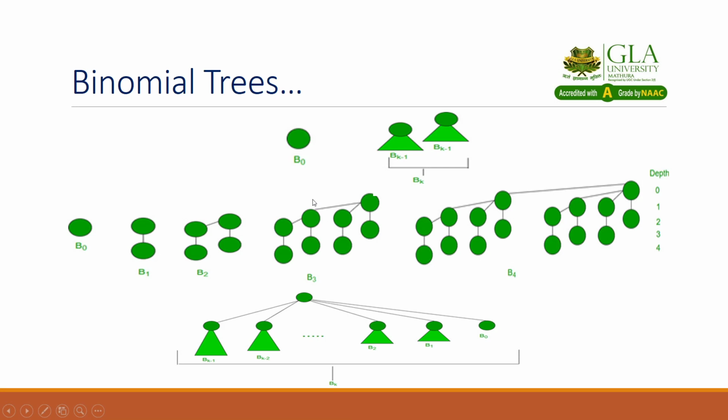B4 will be constructed with the help of 2 B3, each with 2 to the power 3, 8 nodes. And finally Bk will have its children from order Bk minus 1 to B0 from left to right. This binomial tree will help us to understand the binomial heap in the next lecture. Thank you.